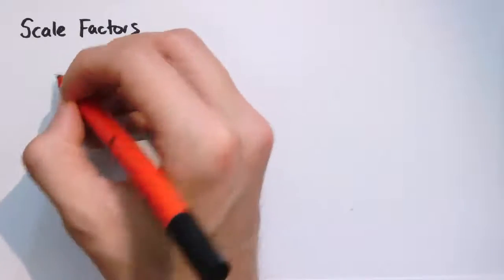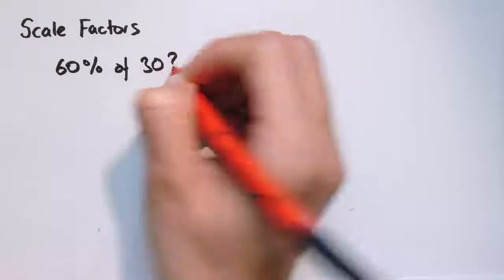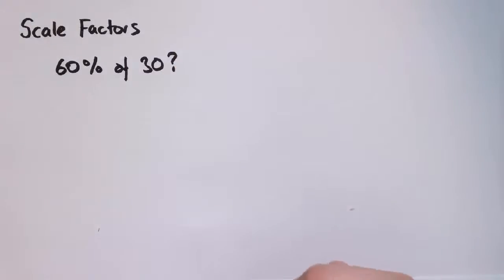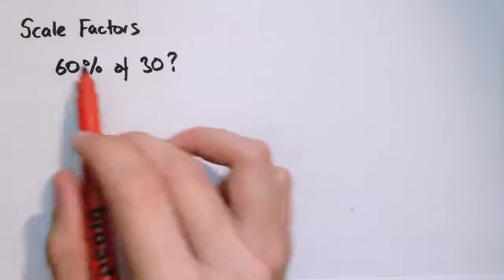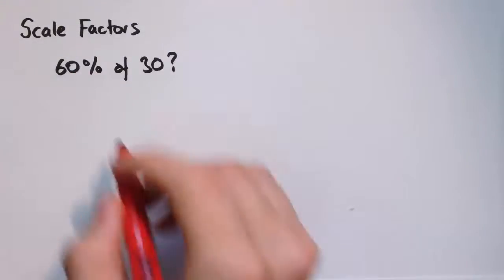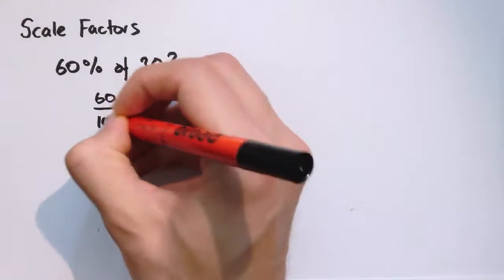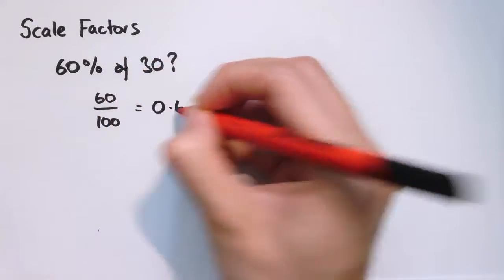So if I said what is 60% of 30, well, we could say 60% actually is a scale factor, if you like. We could convert it to a decimal, say. I could say 60% is 60 over 100, or 0.6.